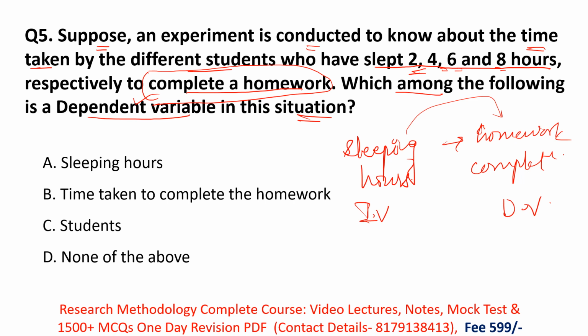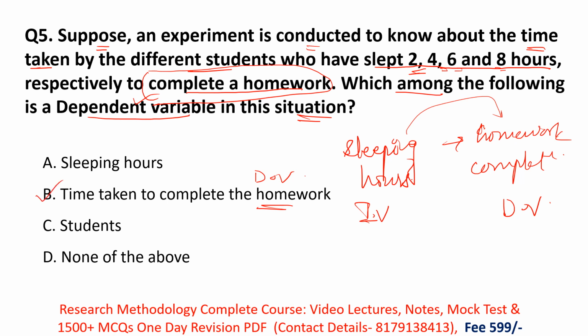Sleeping hours of every student is changing, that's why sleeping hours is the independent variable and homework completion is the dependent variable, because you are seeing the effect of sleeping hours on homework completion. So the time taken to complete the homework is the dependent variable. For this question, option B is the right answer.